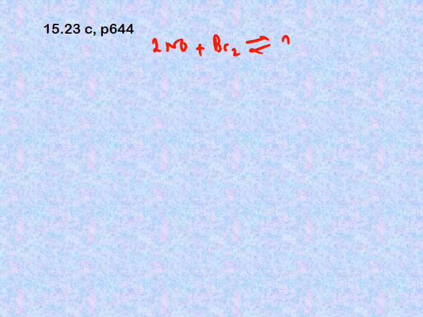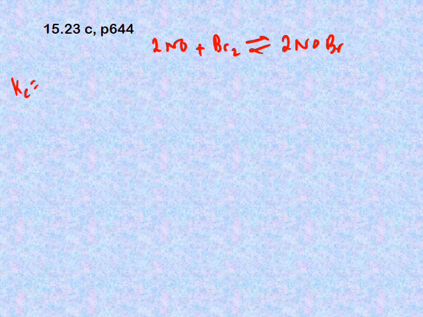So 2NO plus Br2, that gives 2NOBr. Again, these are all gas phases, and Kc value is given for this reaction.